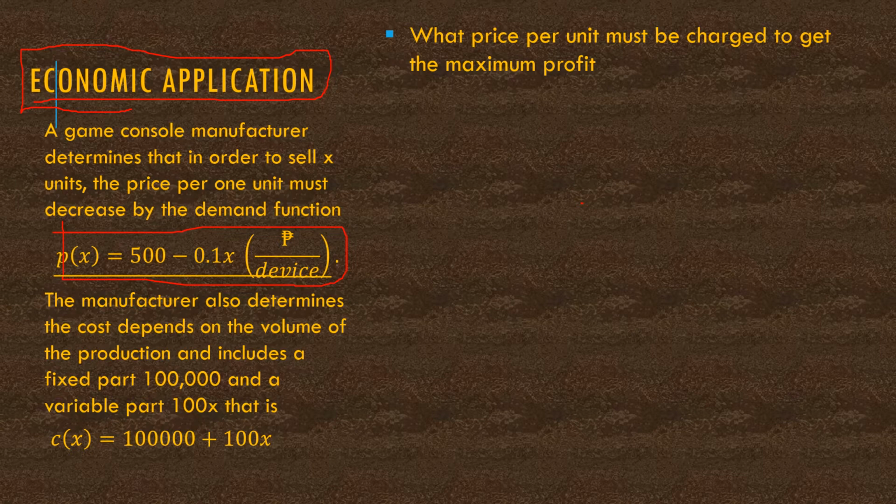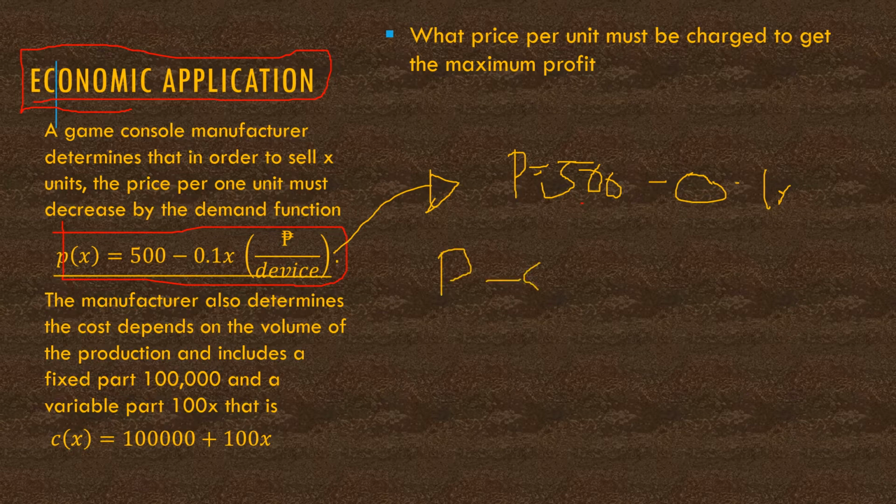Okay? So, if you're going to translate this one to become a quantity demand function, pwede naman po. So, with the price which is considered to be 500 minus 0.1x, now, make it an x function. So this one is price minus 500 is equivalent to negative 0.1x.